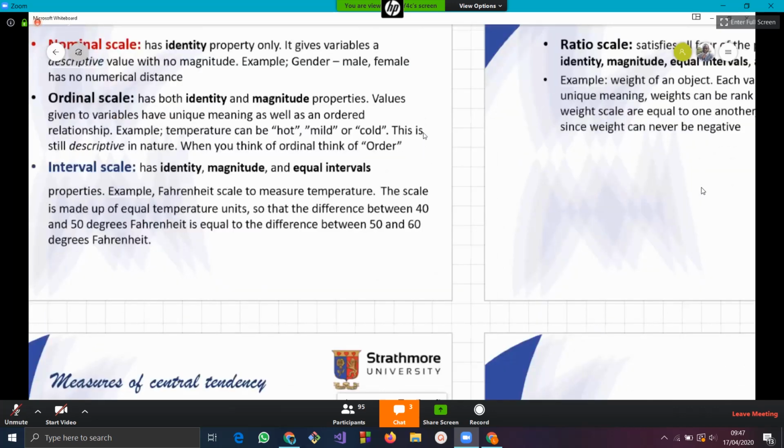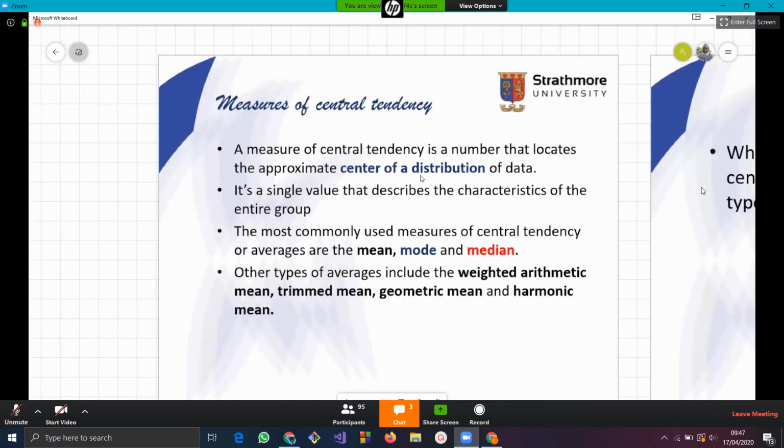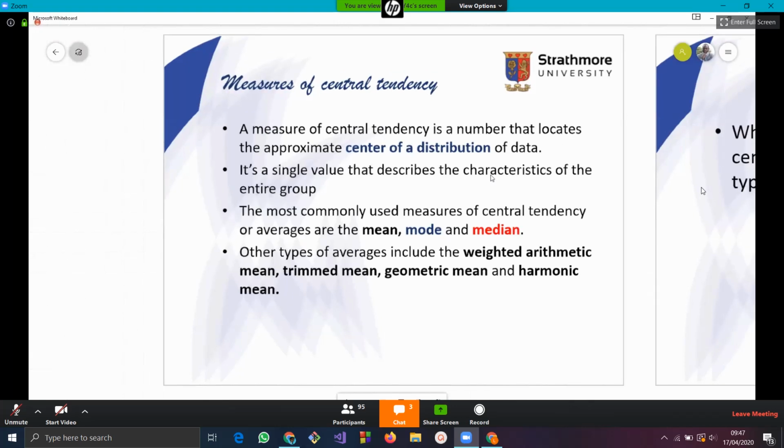Then the next thing that we go to in statistics, unless there's a question, is the measure of central tendency. This is another thing you must have done in statistics. So a measure of central tendency is like having a value that generally explains the data. Okay, one value kind of summarizing the data. This can also be called the center of a distribution of the data.